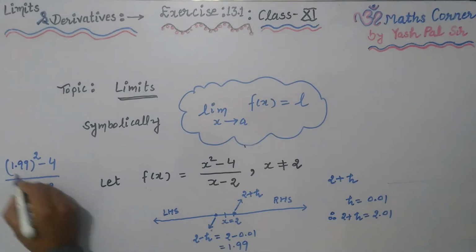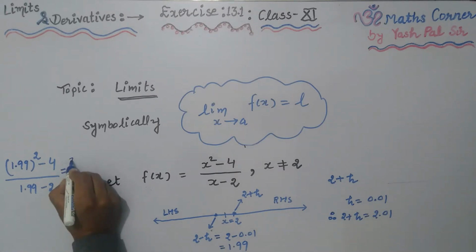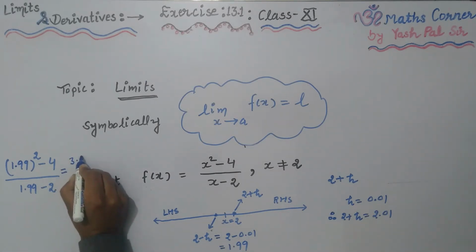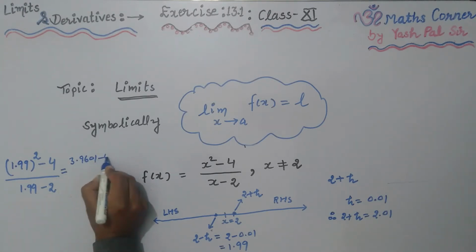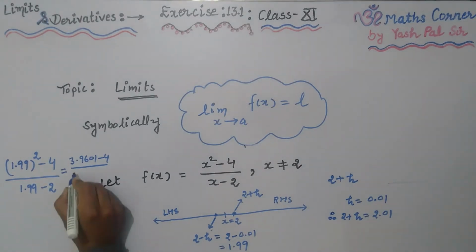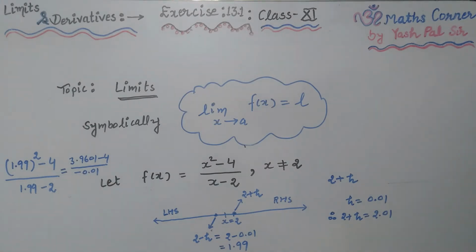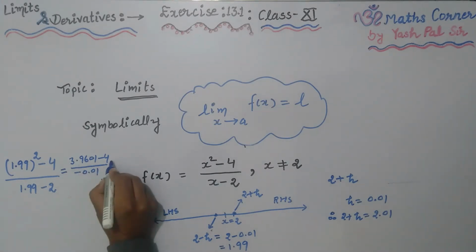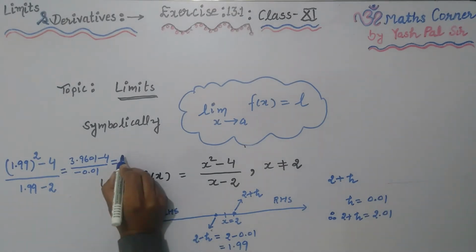The square of 1.99 is equal to 3.9601, so minus 4 gives minus 0.0399, divided by 1.99 minus 2, which is minus 0.01.